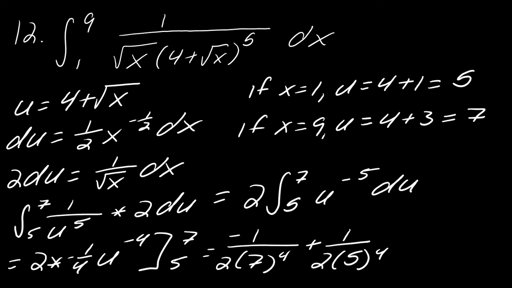And I'll just tell you, if you're plugging this in, this comes out to the decimal value 0.00059, and it actually goes on 175. So there's the decimal value that I got.